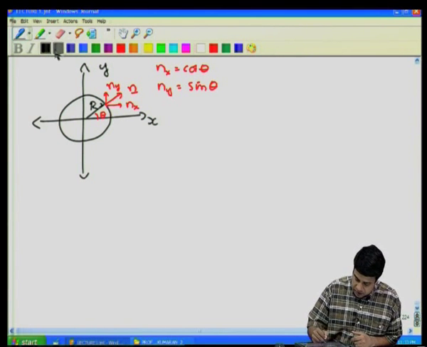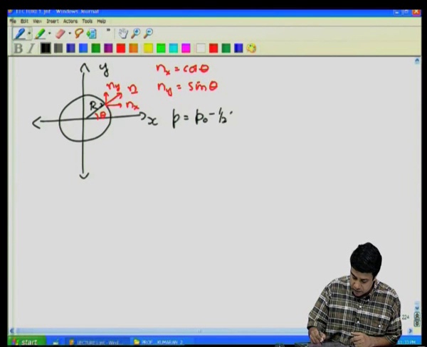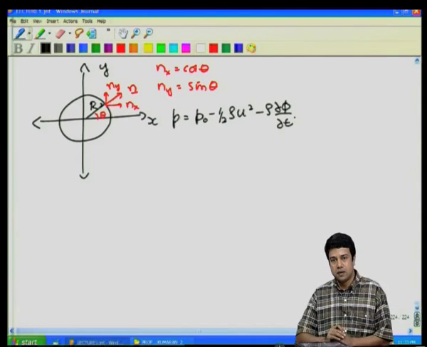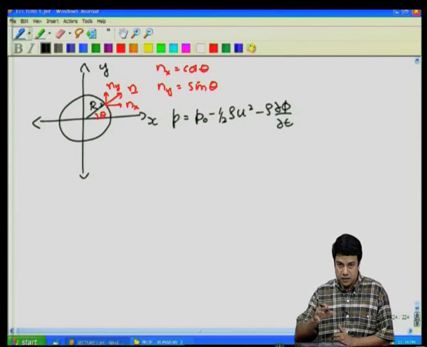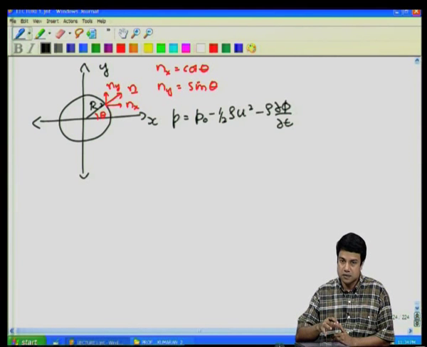So, the pressure is given by P is equal to P naught minus half rho u square, minus rho partial phi by partial t. This is a flow where the flow is coming in far away from the cylinder, and the cylinder itself is stationary, therefore this is actually a steady state flow.